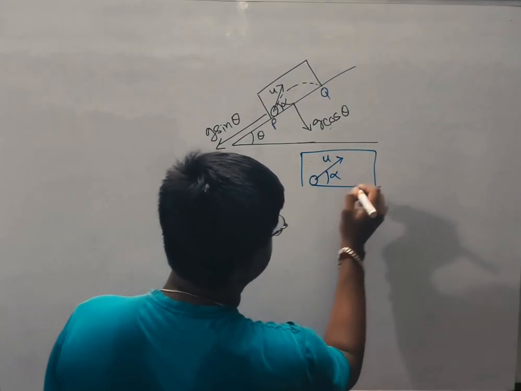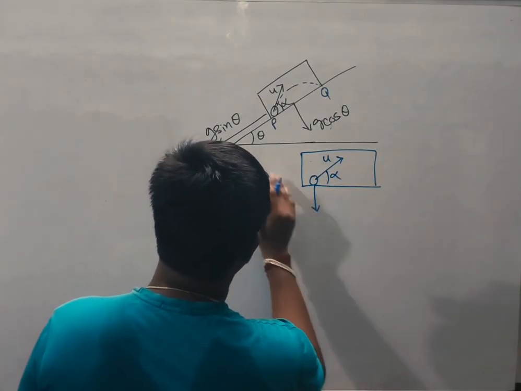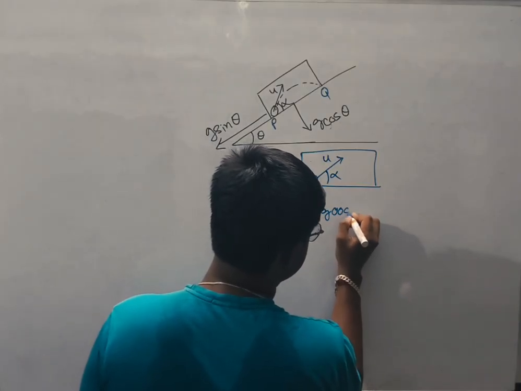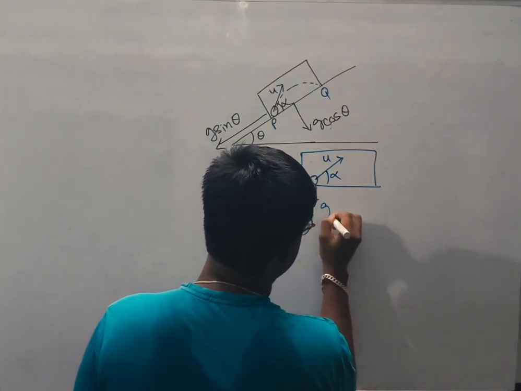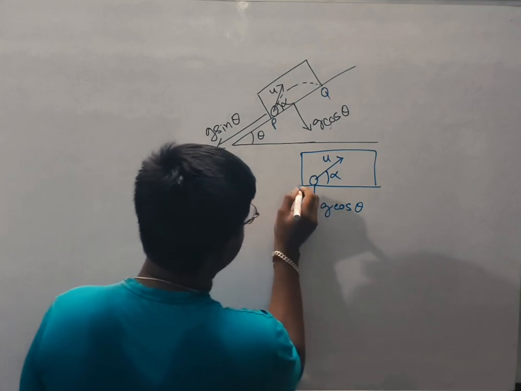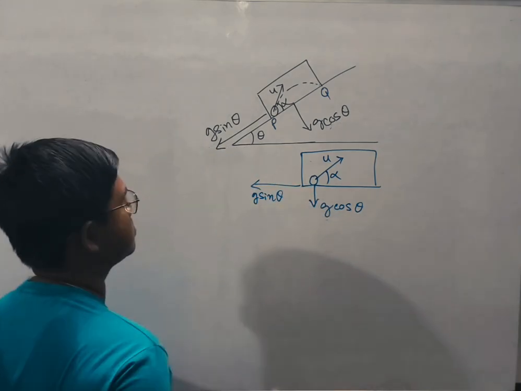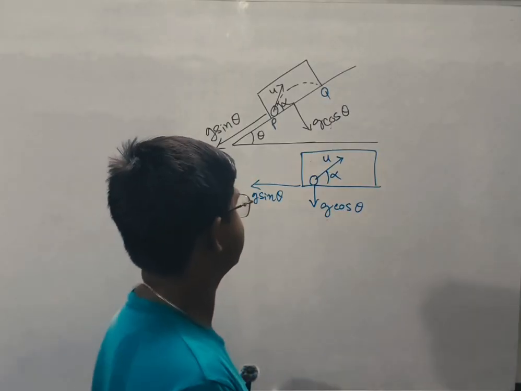This is the box. Here the ball has the acceleration g cos theta, and in this direction g sine theta.